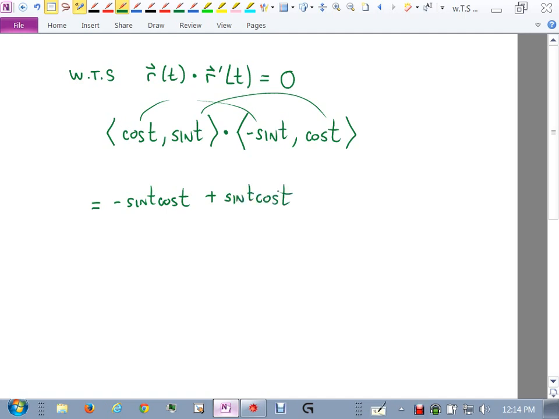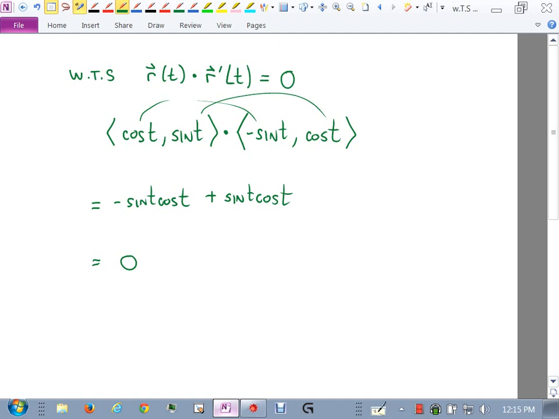When you put those two together, they cancel, and you get zero, regardless of t. You dot r with its derivative, you always get zero. That means the tangent vector is always orthogonal to the vector function, so the vector coming out from the origin to the curve.